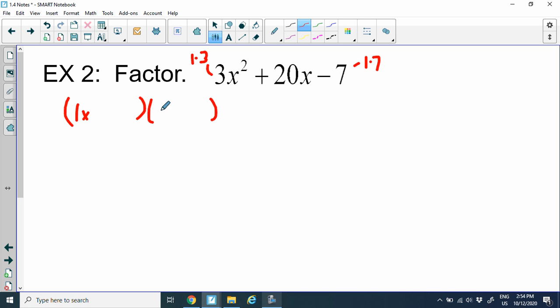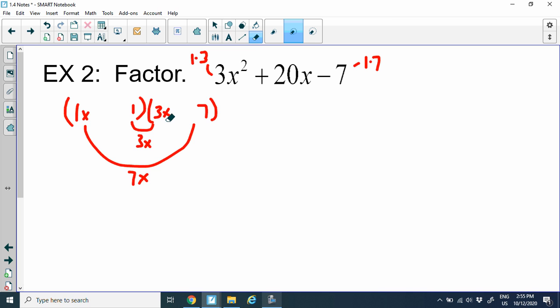It all just kind of depends on what is the way we can fit them. And then let's try 1 and 7. So I multiply the inner, I get 3x. And I multiply the outer to give me 7x. So if I look at 3x and 7x, if I added or subtracted, would I ever get 20? Nah. So that means I need to switch my 1 and my 7.